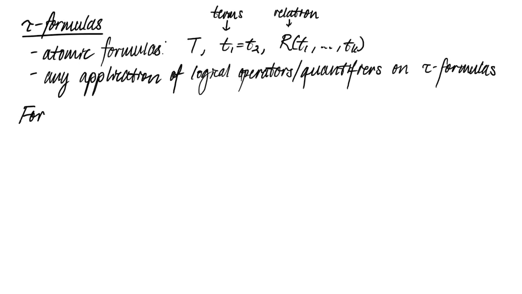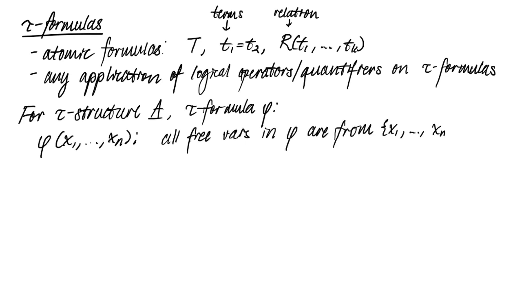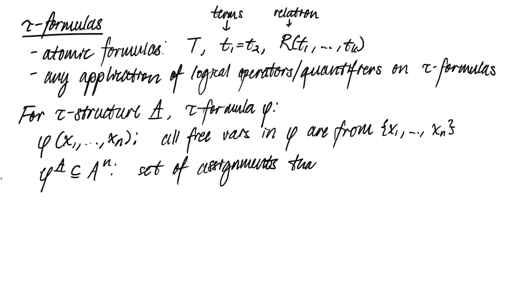So for a tau structure A and tau formula phi, we let phi(x1 to xn) denote that all free variables in phi are from x1 to xn, and we let phi superscript A, a subset of A superscript n, denote all satisfying assignments of x1 to xn of phi such that phi is true.